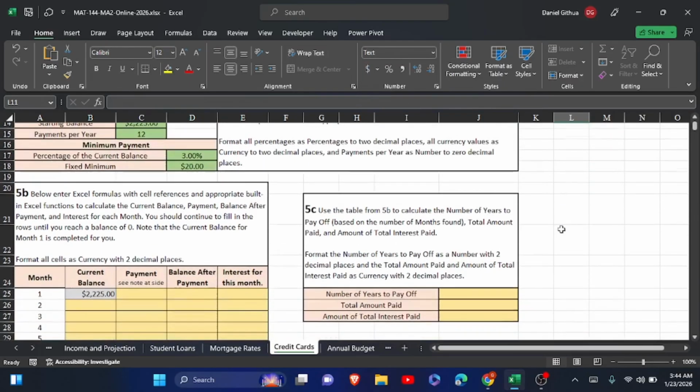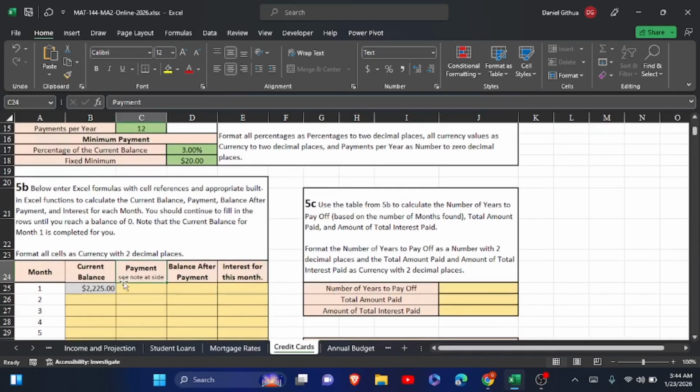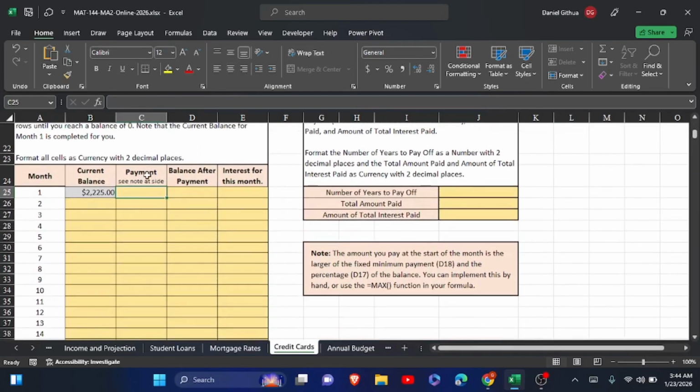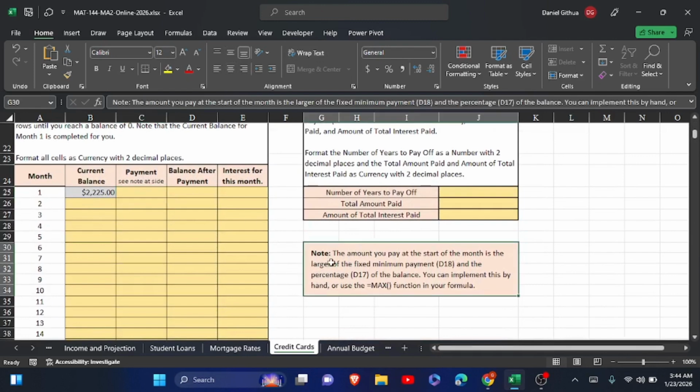The next step is to find the payment. For payment, there's a note on the side, and it says we have to use the max formula.